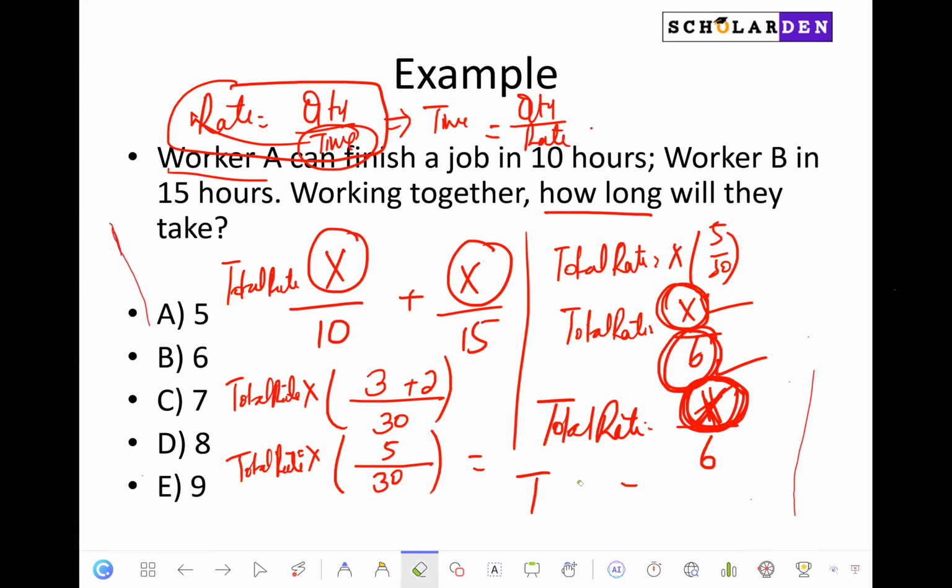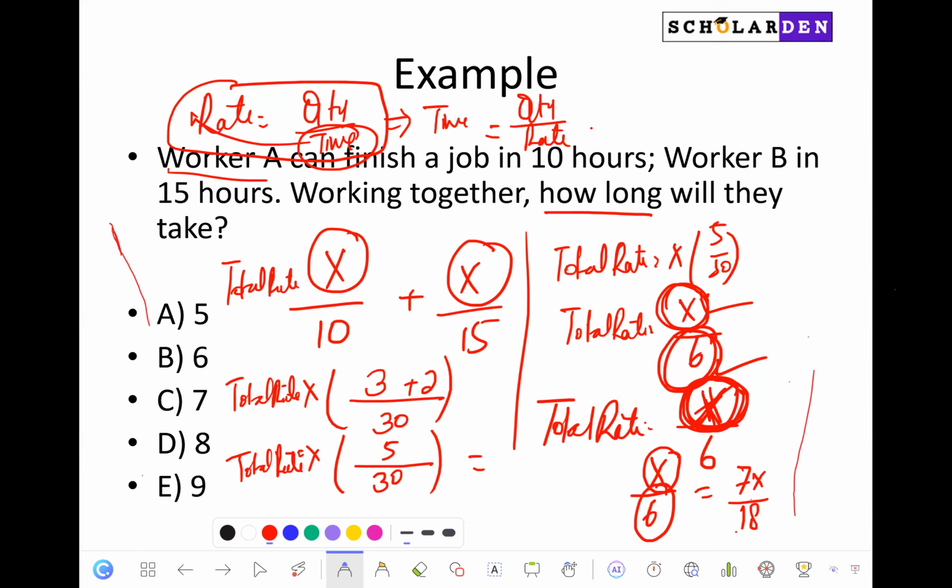So this is important, that we understand the concept of rates. I was simply able to say that this was the total time because the total volume hasn't changed. If this was, for example, 7x over 18, that would mean that this is the time it took workers A and B to complete 7 times their original task, okay?